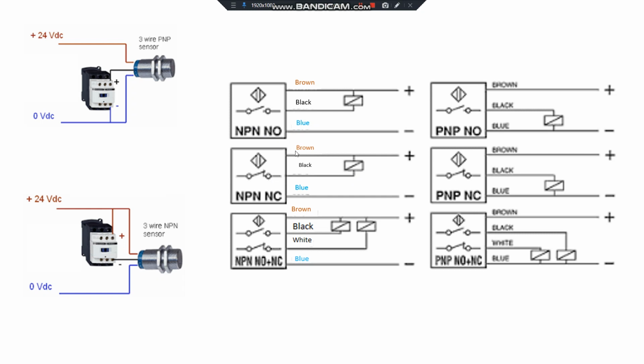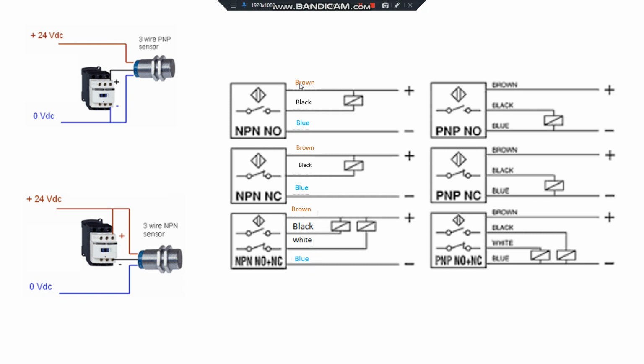Also, there are details for the connections. You know that this one has just normally open and has three cables. This one has normally close and has three cables, but this one has both normally open and normally close, and has four cables.